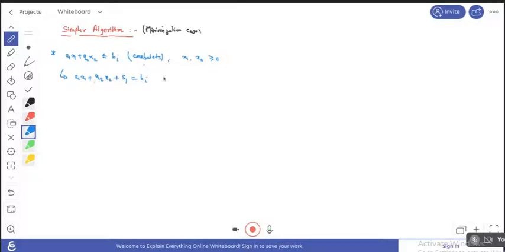So for the initial feasible solution here, what is your s1? This is your slack variable, and that slack variable has the property that it is greater than or equal to 0.